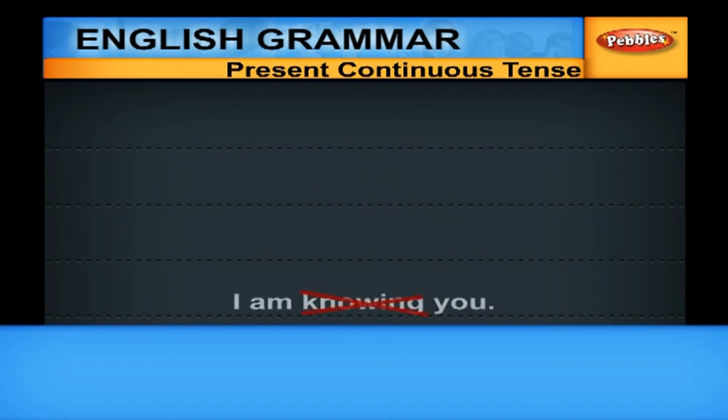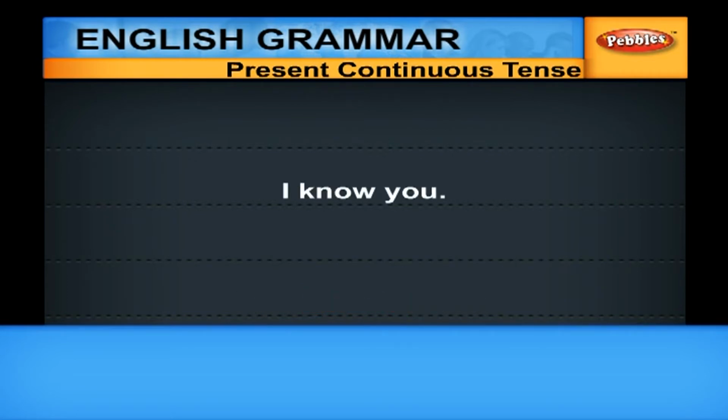It is incorrect to say, I am knowing you. It must be, I know you. It is incorrect to say, I am remembering you. It must be, I remember you. It is incorrect to say, I am understanding. It must be, I understand.